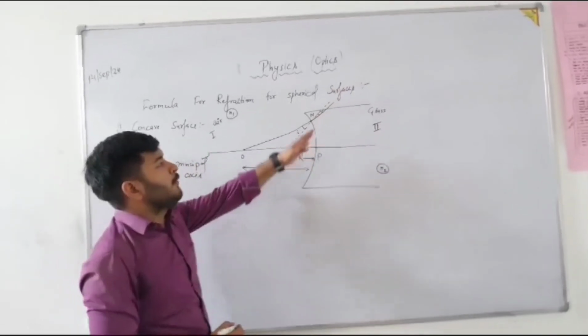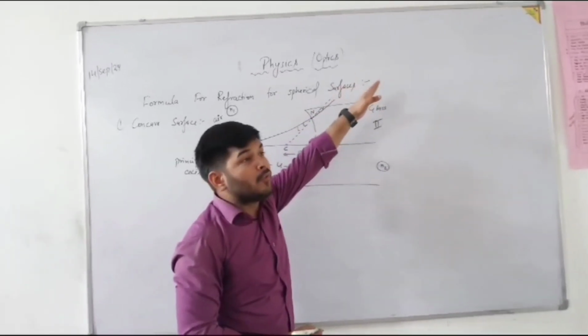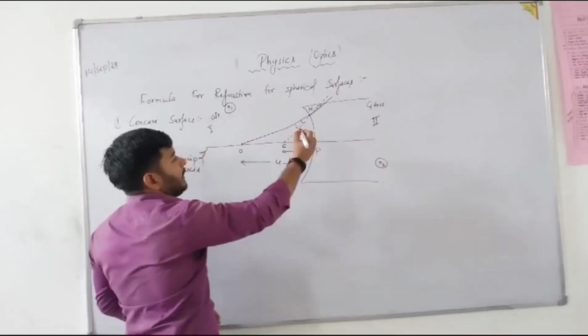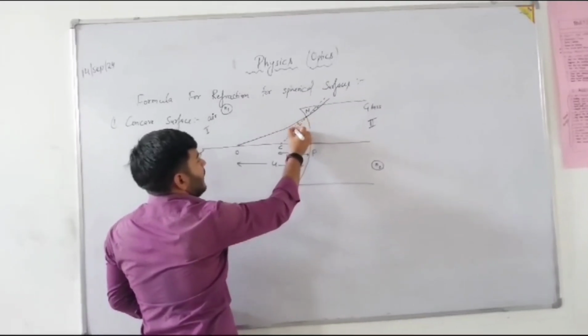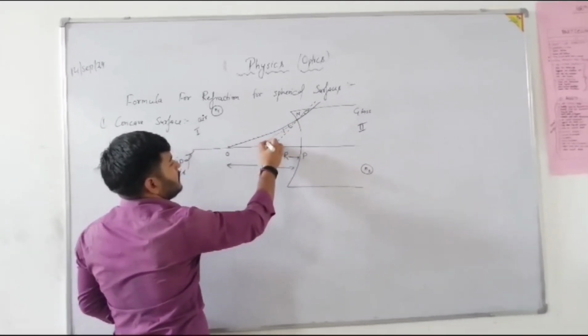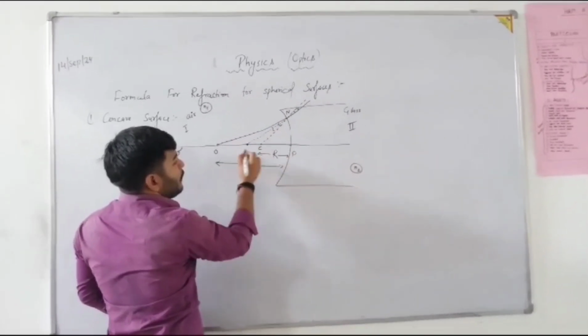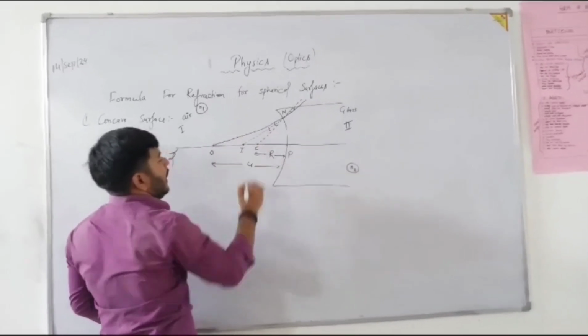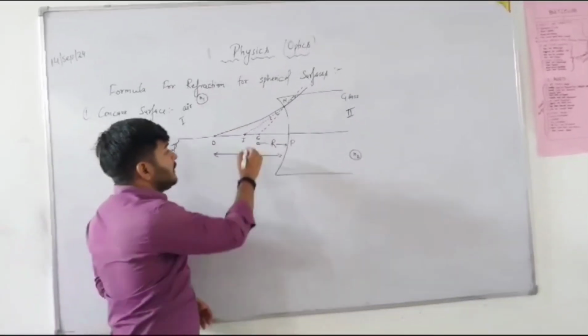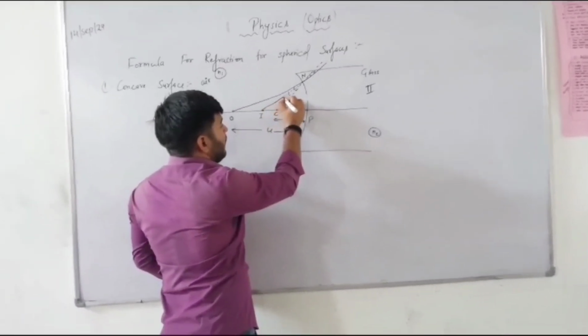Since we are unable to find the image at infinity, we will redraw this refracted ray and find that it meets the principal axis at point I. This is the point where the image will be formed.